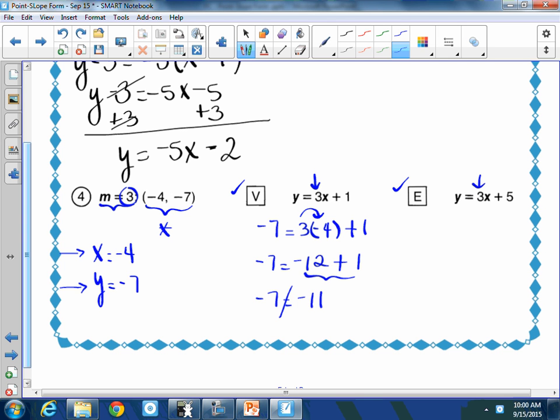I'm going to go ahead and do the other one just to make sure that that is correct. So I'm going to plug in the y again. The y is negative 7. And then 3 times negative 4 plus 5. So 3 times negative 4 would be negative 12. Plus 5, that would be negative 7, and negative 7 is equal to negative 7.